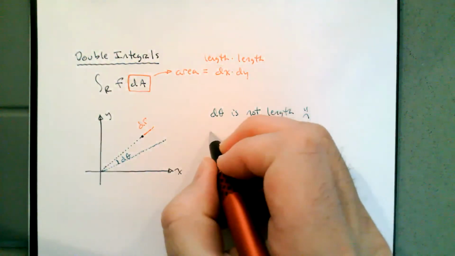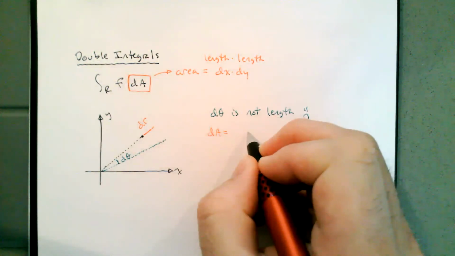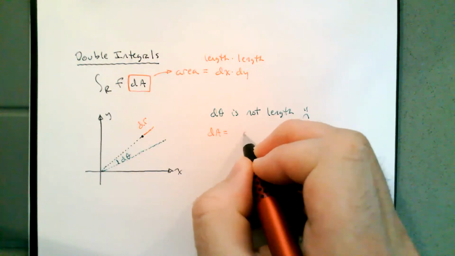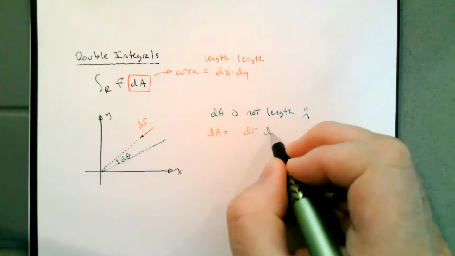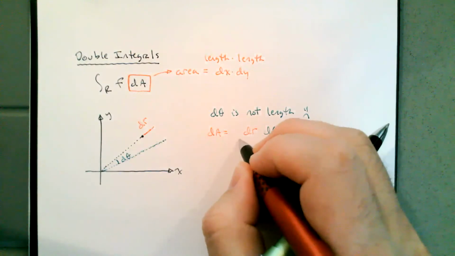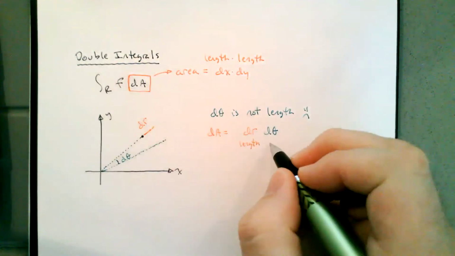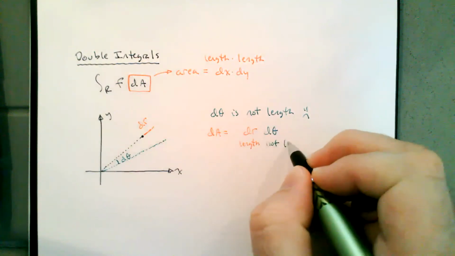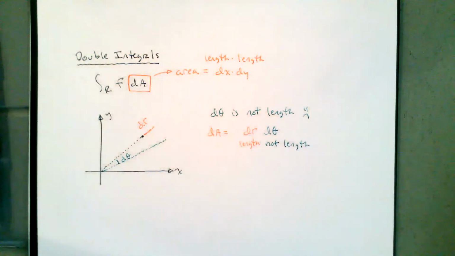That's a problem, because when we try to write dA, dr is length, but d theta is not length. So that means that dr d theta is not going to be a dA. It's not going to be an area.